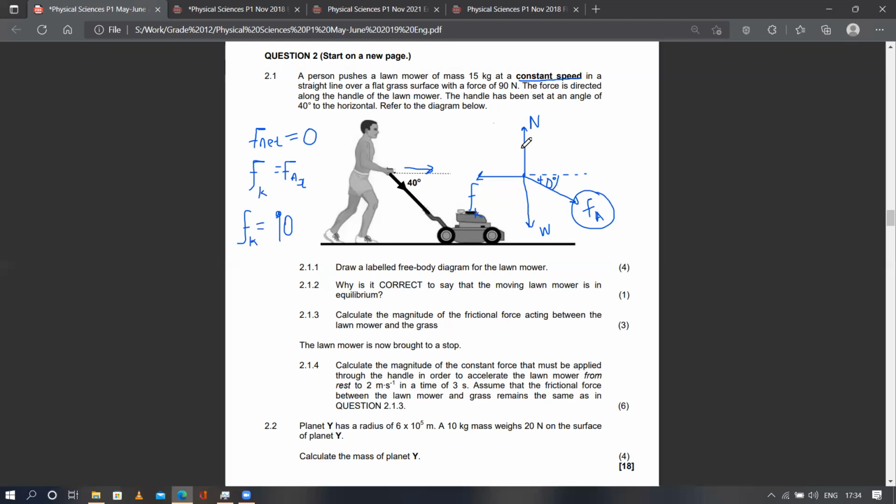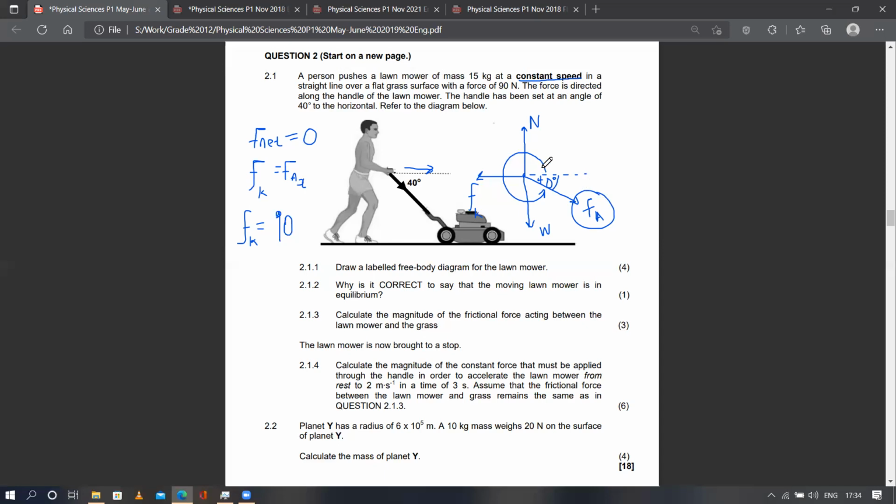If it was like this, it would have been cos 40. We know that angles on the Cartesian plane go anti-clockwise, not clockwise. I usually use this to my advantage, because I can measure the anti-clockwise angle and I don't have to use the clockwise angle.